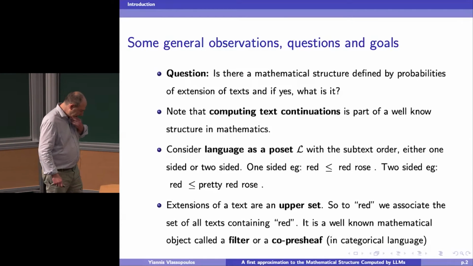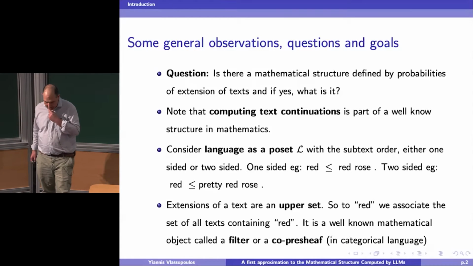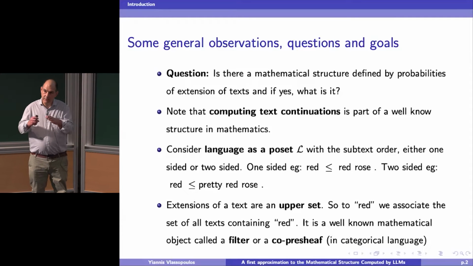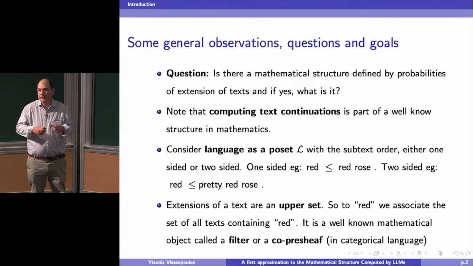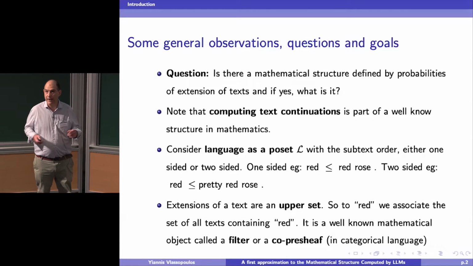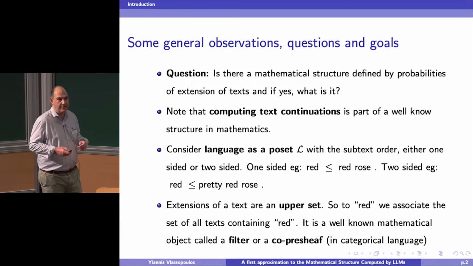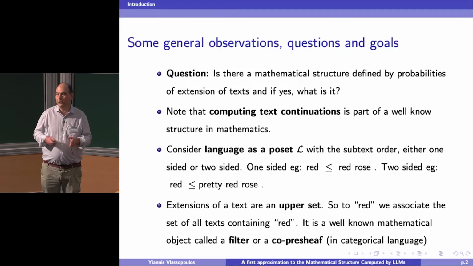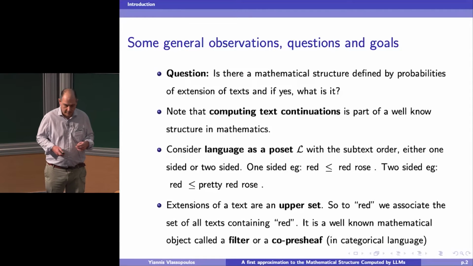Some models do both, some models do just one side. But basically, if you think of this poset, what you're doing is considering the filter, the upper set generated by red. So all the expressions that contain red is, from the poset point of view, the filter generated by this element.